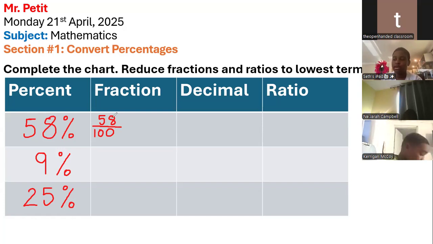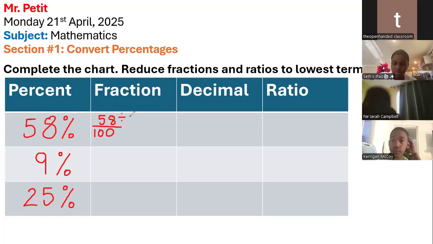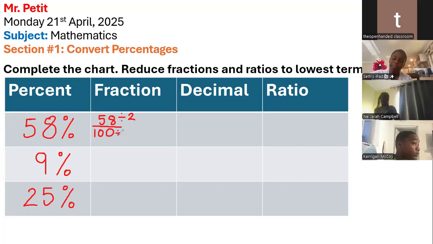So 2 could go into both 58 and 100 because 2 is even. So let's go ahead and reduce this. We could divide by 2, and we could divide by 2.